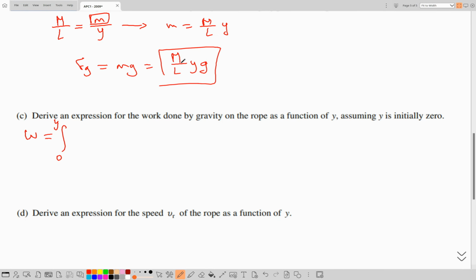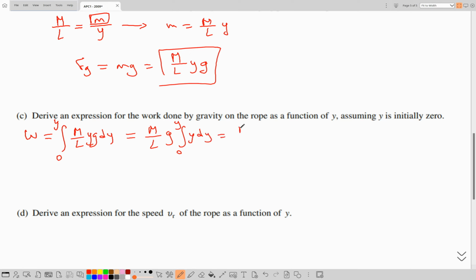And we know that the pull of gravity in this case is given by m over L y g dy. So why have we ignored all the positive and the negative signs? Because we know that our work done by gravity while going down would be positive. Now m, L, and g are constants, can be dragged out. And we're left with the following integral.